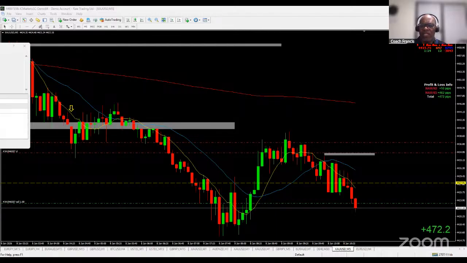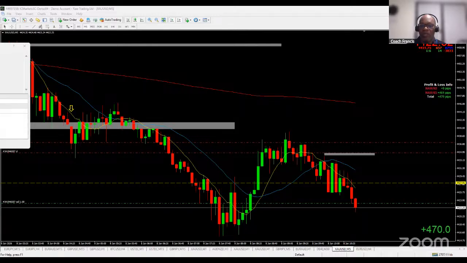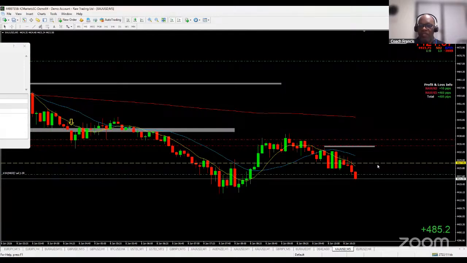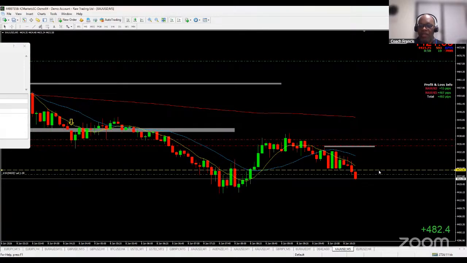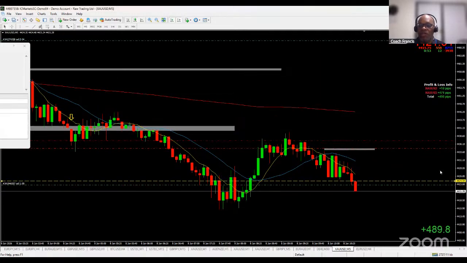I've just entered a sell on my other account. Okay, now the best entry would have been somewhere here. When this last candle closed, that would have been the best entry, but we got near enough a good entry.